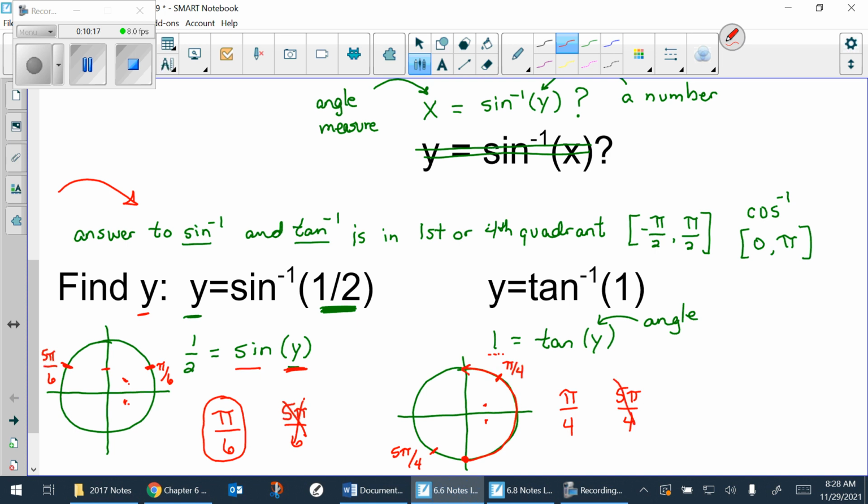And so the 5 pi over 4 doesn't fall into there. My answer is y is equal to pi over 4. All right, we move on. That's a busy first slide.